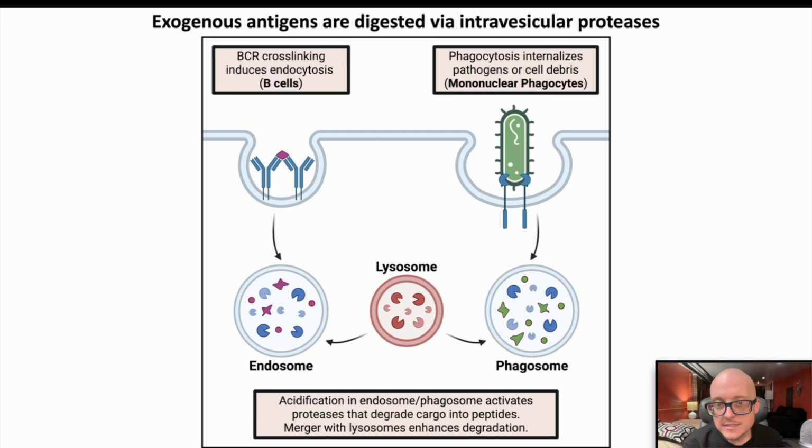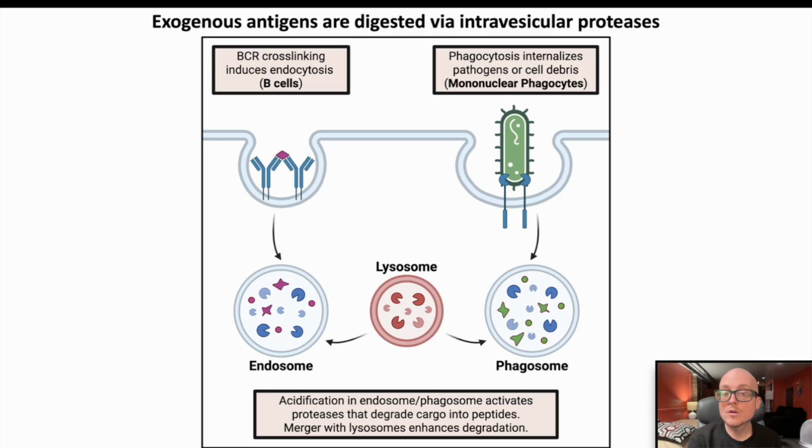On the other hand, in other types of cells, other professional antigen presenting cells, which remember were contained within a family known as mononuclear phagocytes, so this would include monocytes, macrophages, and dendritic cells, they primarily internalize their antigen through the activity of phagocytosis.